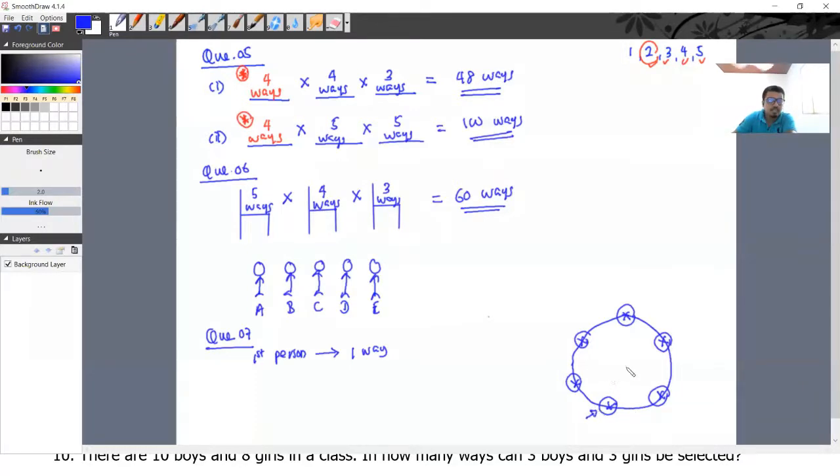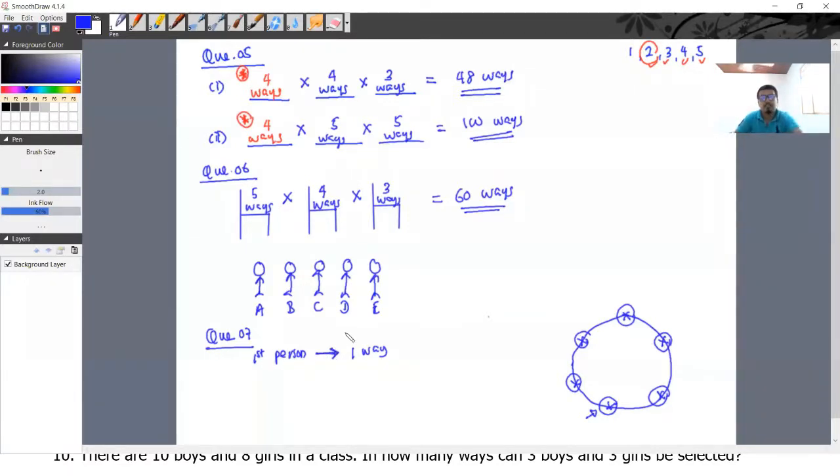If he sits here, what then? Again no one on the left, no one on the right, no one in front, no one on either side. So the first person who comes here to be seated has only one way.